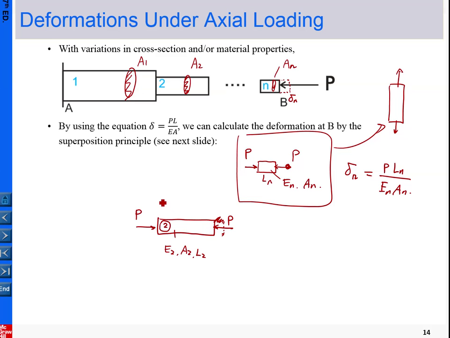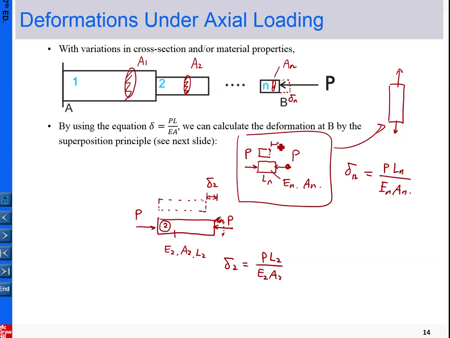Okay, so this one should be shortened after equilibrium. So this is our deformation delta 2. So delta 2 is PL over EA corresponding to the second material, the material of the second segment here. So for this case, again, this is shortened.